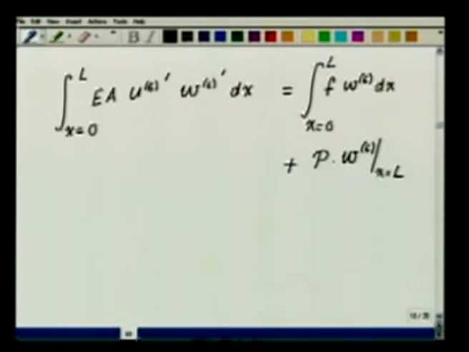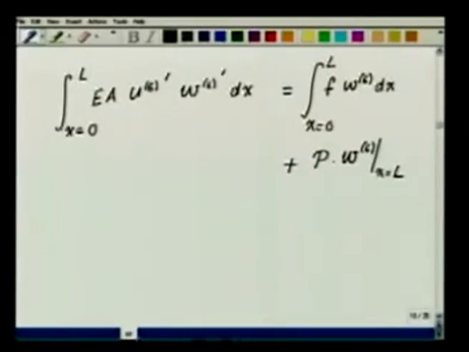So this formulation should give us a sufficient number of equations to find the coefficients of u6, that is u1 to u6. Okay, so now what do we do? Since this w is a weight function, it's an admissible function that we have taken. It could be anything provided it satisfies the geometric conditions at the ends.